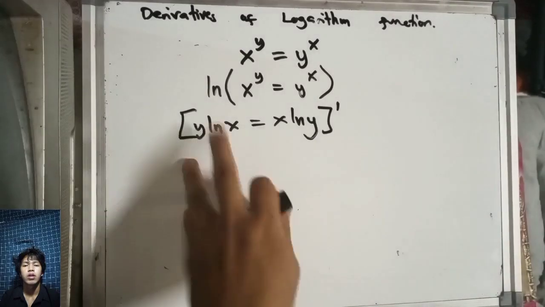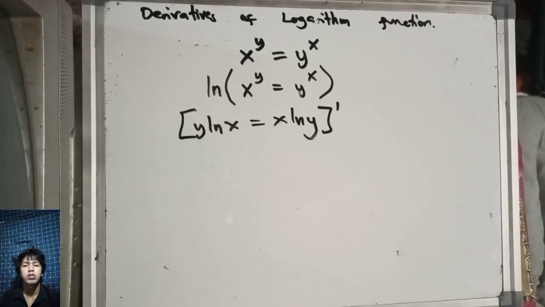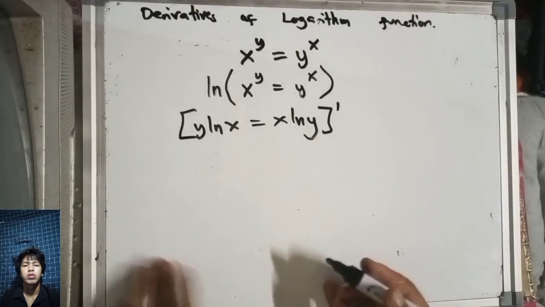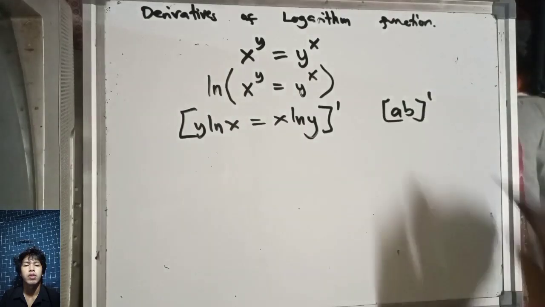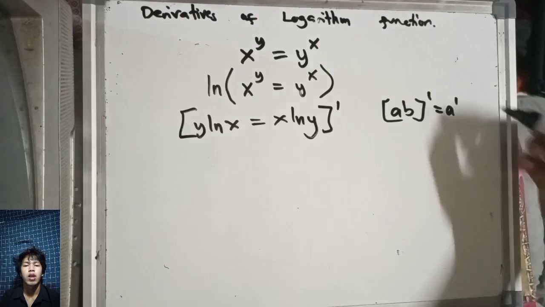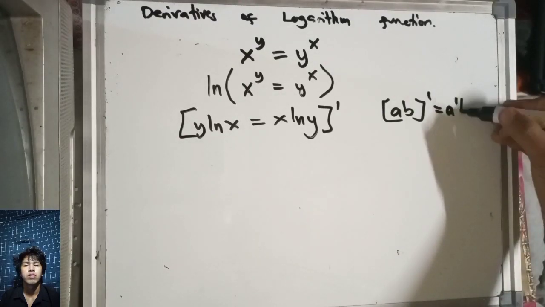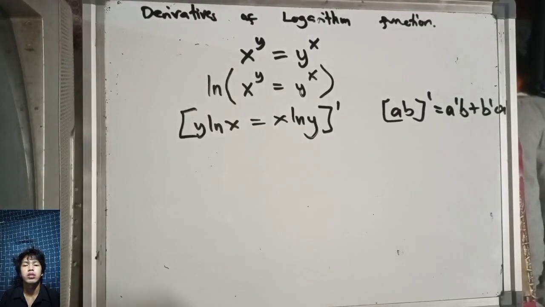This is a product of two functions, so we're going to use the product rule. We use the product rule to find the derivative of the product of two functions. First we find the derivative of the first, then copy the second, plus the derivative of the second, copy the first.